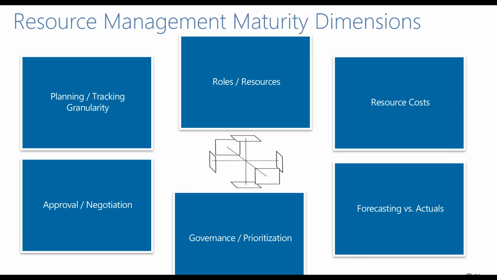The most common one I see is project management organizations negotiating with the functional or resource-driven organization so that we ultimately meet the requirements and get assigned resources who can fulfill them. So these are some things to consider on the maturity side, because not everybody is going to start from the same place.